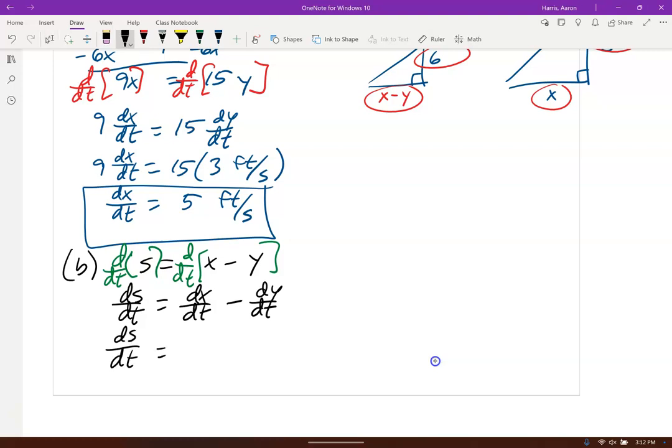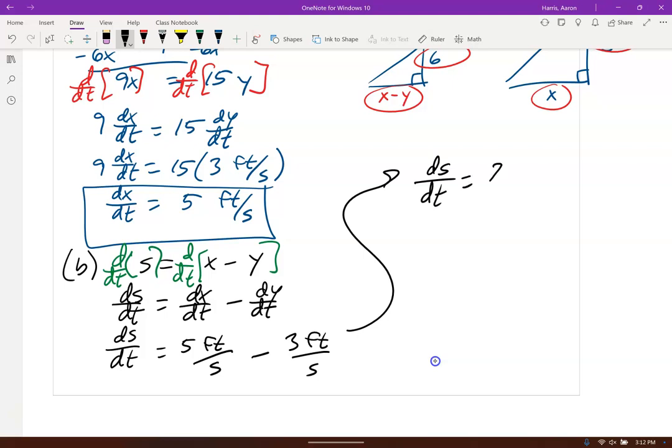And we know the dx/dt is the 5 feet per second minus the dy/dt was 3 feet per second. So the length of the shadow is changing 2 feet per second.